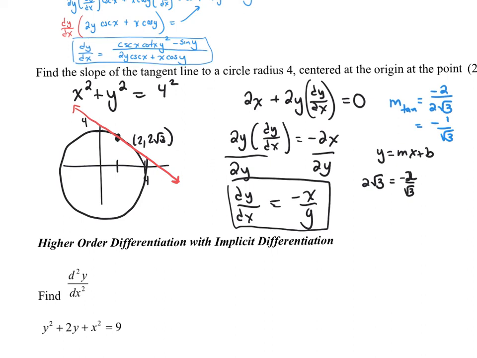So we'll just make it negative 2 over radical 3 plus b. Just to make life simple, we'll make it b equals 2 radical 3 plus 2 over radical 3, just adding that to the other side. So this is my nightmarish b. So my tangent line is going to be y equals negative 1 over radical 3 x plus this horrible, horrible b.